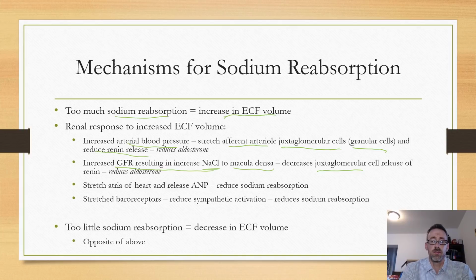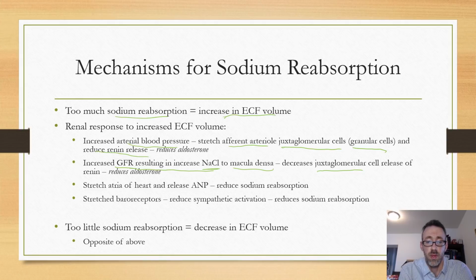Okay. Finally, if you have a large volume, you can stretch the atria of the heart, and they'll release ANP, atrial natriuretic peptide, which I mentioned a few slides ago. ANP's action on the nephron is to reduce sodium reabsorption, so we'll excrete more sodium, and volume will follow with that. And stretched baroreceptors, so an increase in pressure, as you guys know, changes the rate of firing of the baroreceptors.